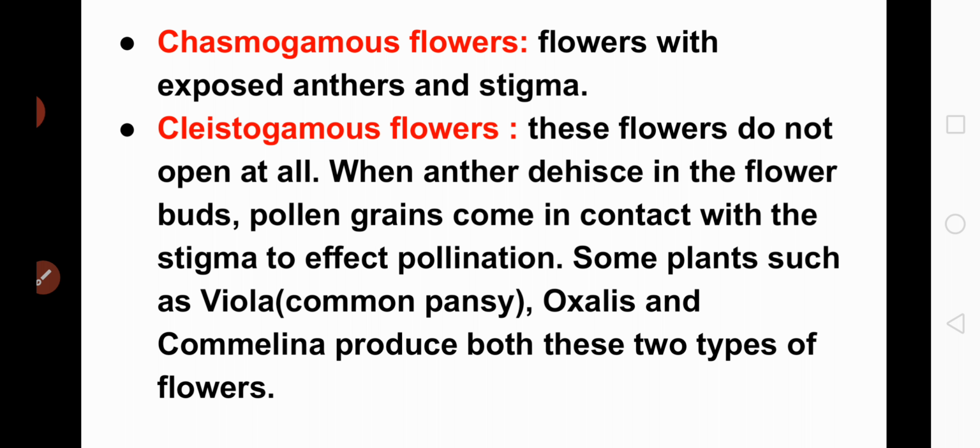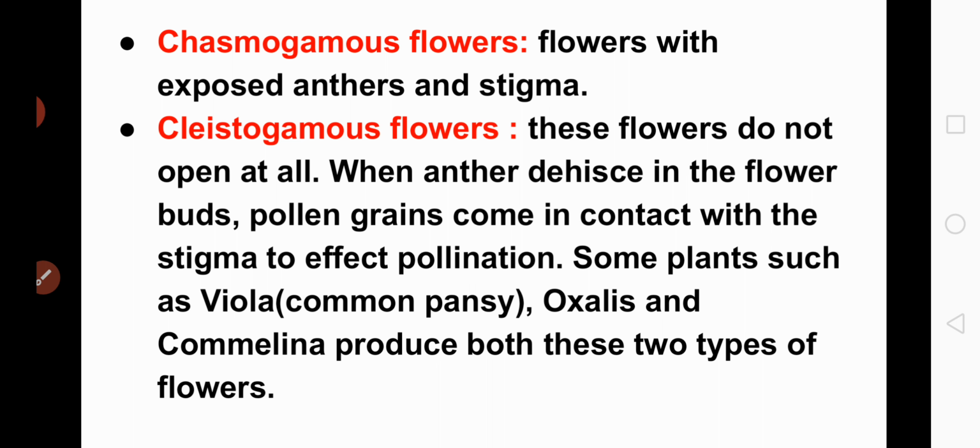Some plants such as viola, oxalis and commelina produce both these types of flowers. So chasmogamous flowers are the normal flowers, whereas cleistogamous flowers do not open at all, so that self-pollination is possible.